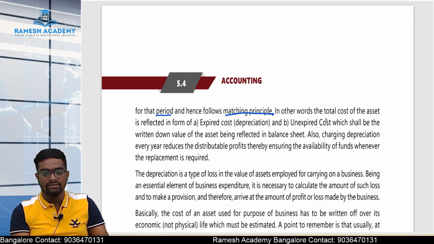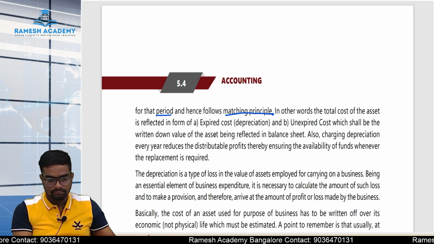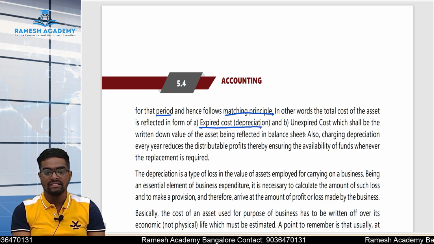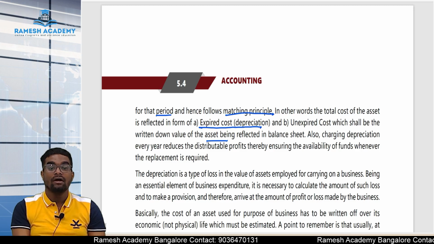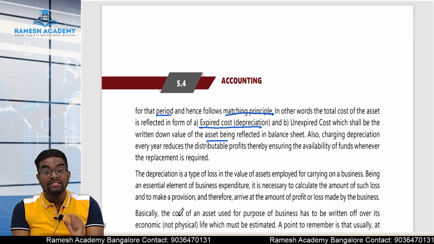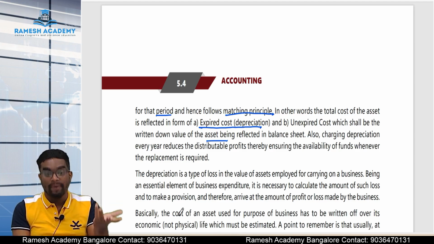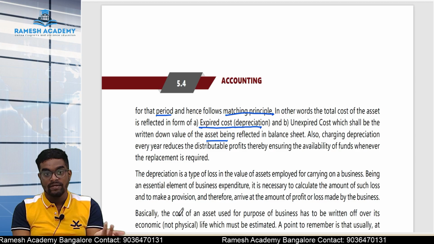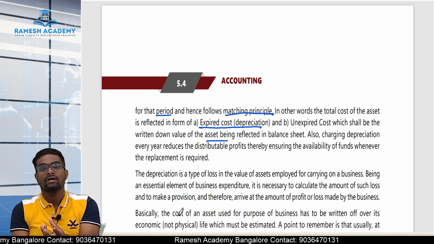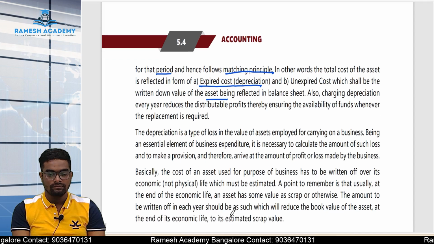In other words, total cost of the asset is reflected in the form of expired cost, which is depreciation, and unexpired cost, which shall be the written down value of the asset. So whatever amount is shown as depreciation for a particular period is known as expired cost, which means it is already expired, and the balance amount is the written down value or the unexpired cost.